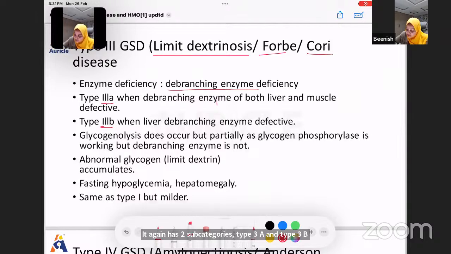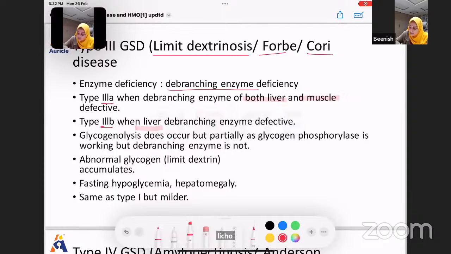In type 3A, the debranching enzyme of both liver and muscle is defective, and in type 3B, only the debranching enzyme of liver is defective. Glycogenolysis does occur, but partially, as glycogen phosphorylase is working, but the debranching enzyme is not.